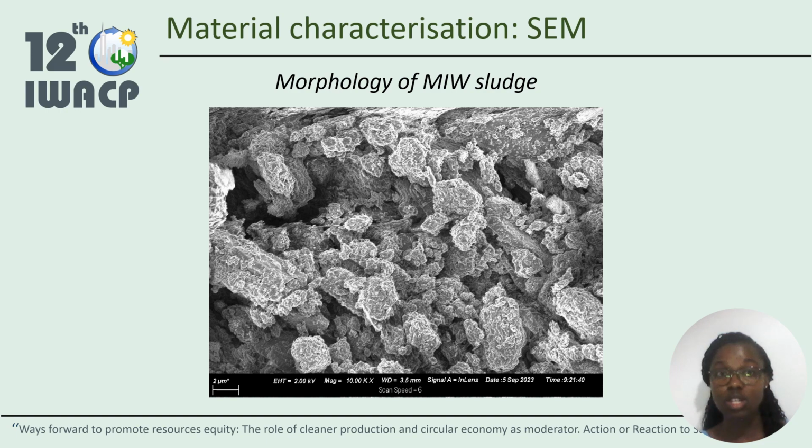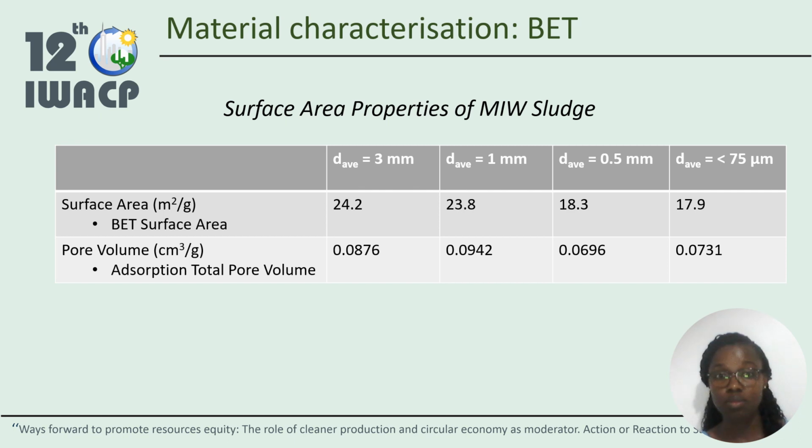MIW sludge is a non-uniform heterogeneous material with irregular particles. It is also fairly porous. Little difference is seen in the total surface area of the material at different particle sizes of less than 75 micrometers to 3 millimeters. This again alludes to the porosity of the material.